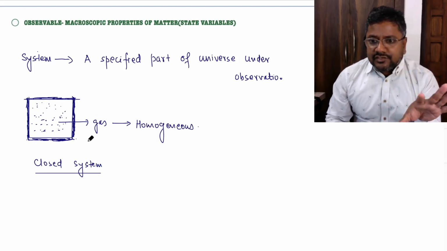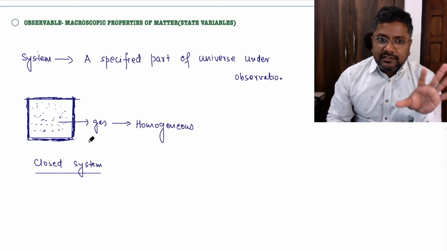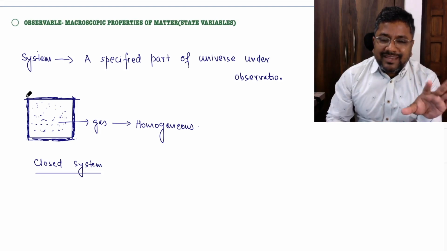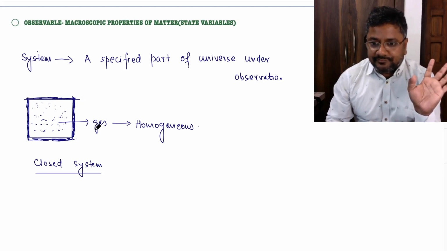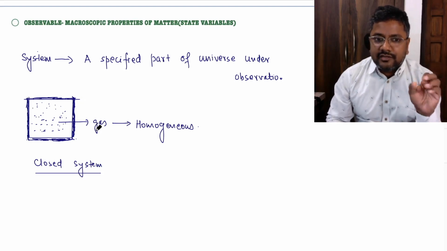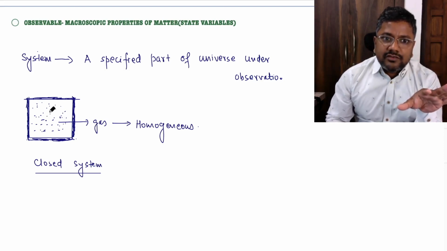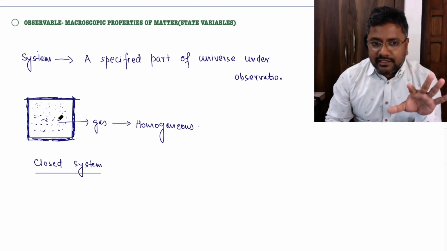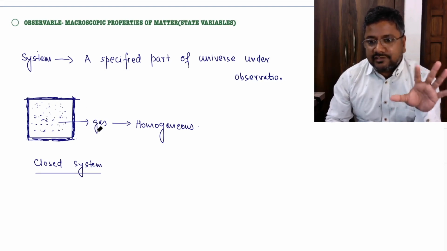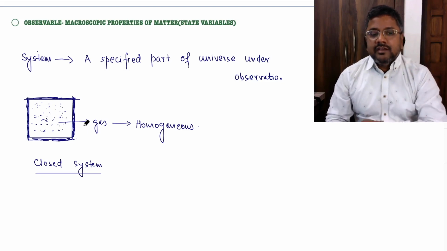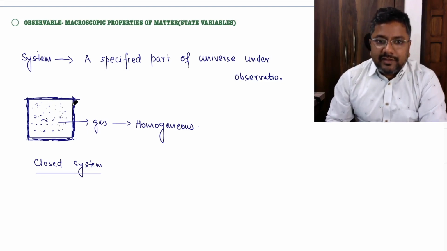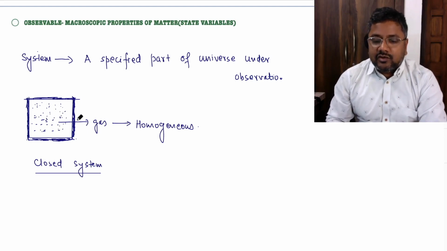In this chapter we are basically silent about the material behavior of these materials. But what does it mean? It means that we are considering that whatever variables this gas system has are independent of this material, but it is not always so.